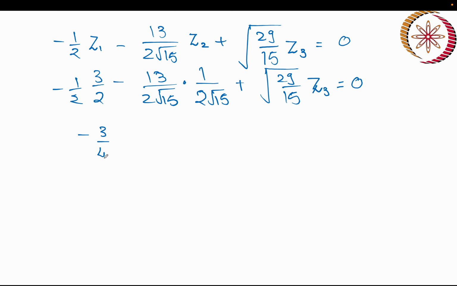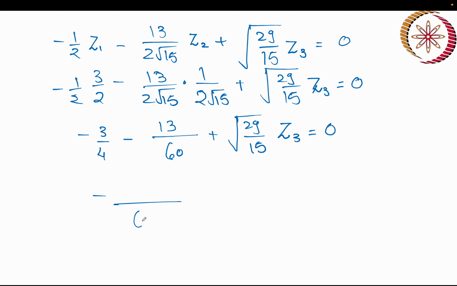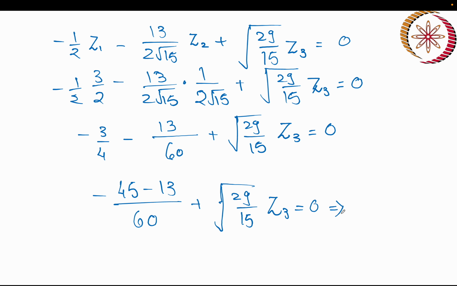Okay, so minus 3 by 4 minus 13 by 4 into 15, it will be 16, plus 29 by 15, z3 equal to 0, so it will be minus 16, minus 45 minus 13, and after solving this, z3 will be, I will directly write 58 by 60 square root of 15 by 29.